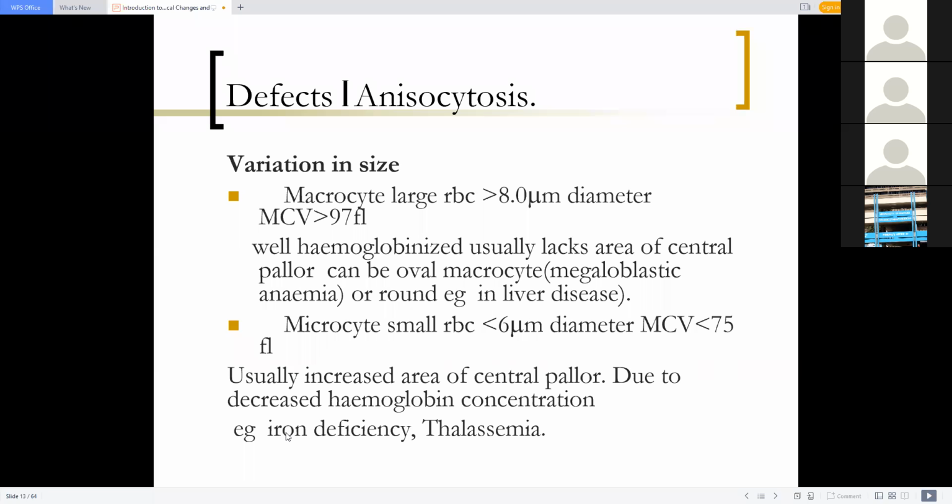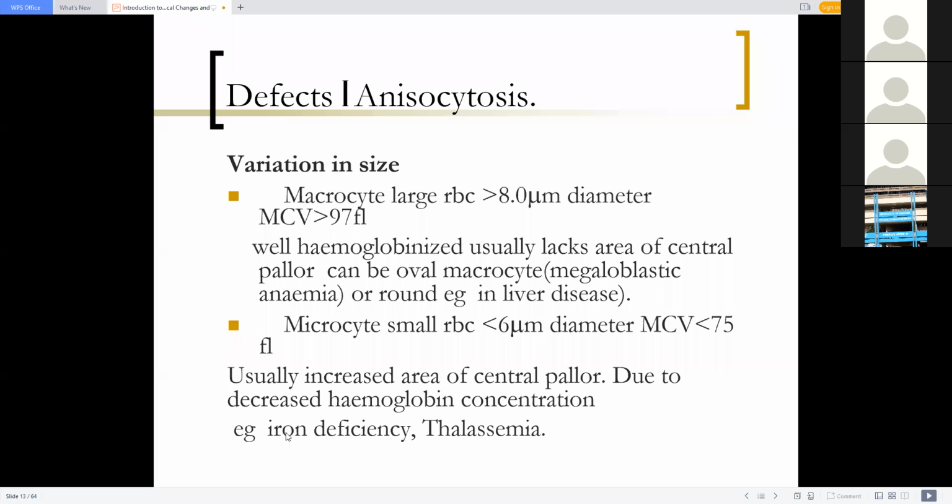We just said that a macrocyte is a large cell that has a high MCV, greater than 97. And we have microcytes, which are usually less than 6 micrometers in diameter, and the MCV is usually less than 75 femtoliters. Microcytic cells usually have an increased area of central pallor, and may occur in certain conditions.